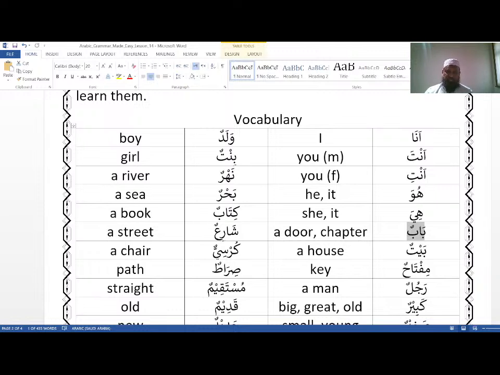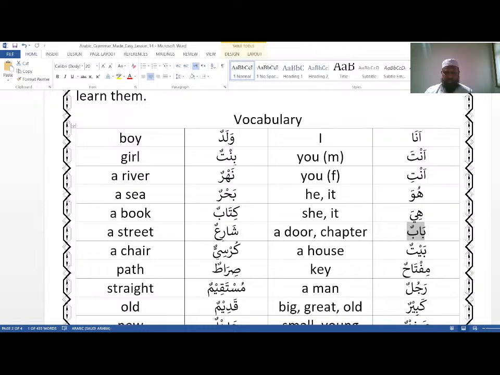Miftahun, a key. Name of an object. Can we make this into muannas? No. So a name of an object you can never make into a different gender. It is already made, because there is no opposite of key. There's only one. Miftahun.